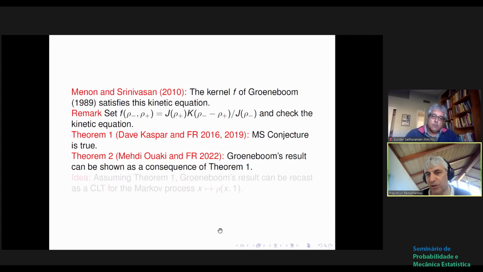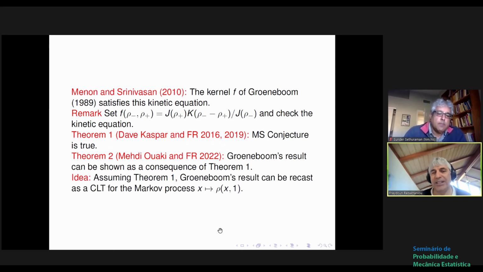We're providing a new proof of Groeneboom's formula, but it's more than that. A very interesting central limit theorem will be featured in the proof of this verification. So again, the idea is that if you use Theorem 1, then it turns out that Groeneboom is equivalent to proving a central limit theorem for a certain Markov process.